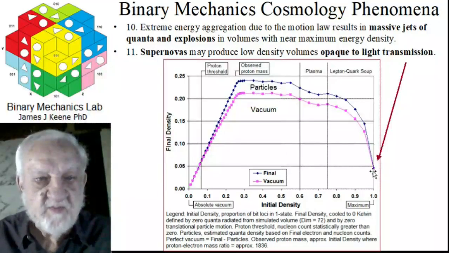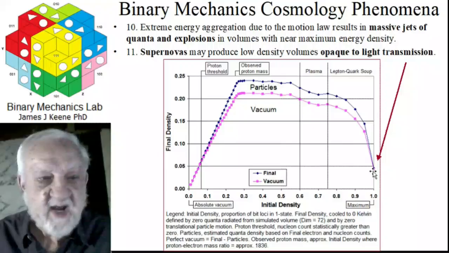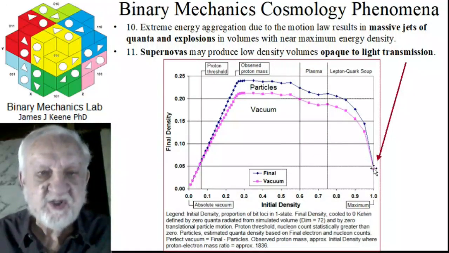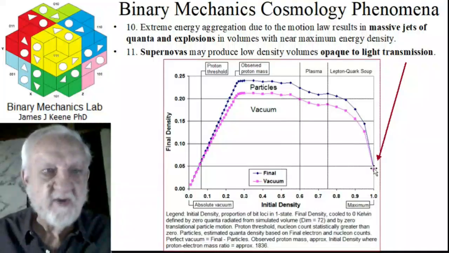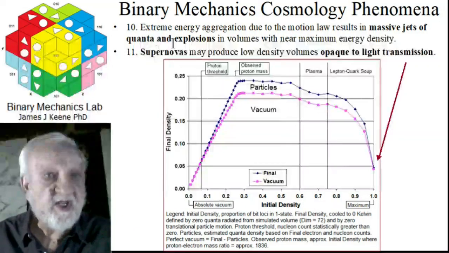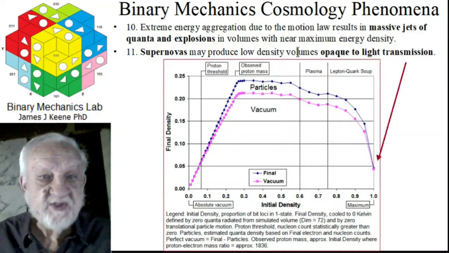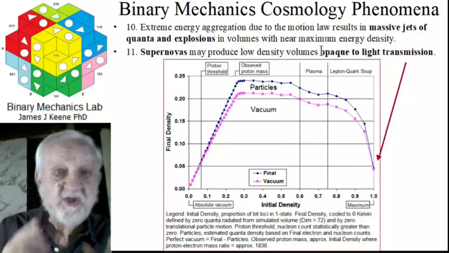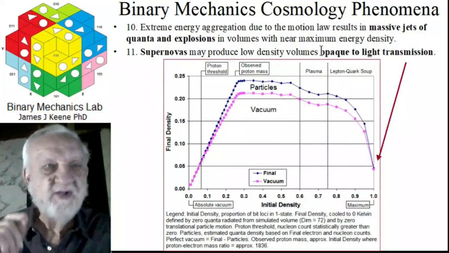At maximum density, when that is finally cooled down, you get a very low final density over here. This is a massive explosion. That's what that represents. Supernovas may produce low density volumes. And by the way, these volumes, very interesting point here about our universe, are opaque to light transmission.